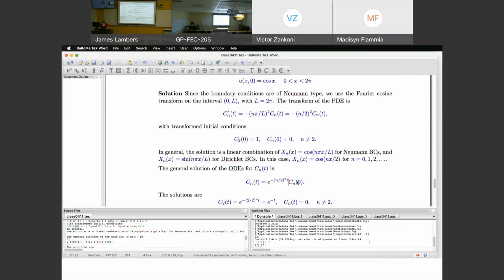For this problem, all of these initial values are 0, except for n equals 2.